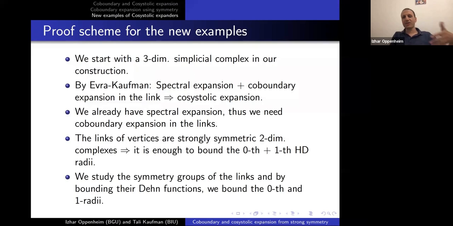This is done because we know intimately the symmetry groups of the vertices, so we are able to study them and bound their Dehn function, and then deduce the bound on the radii. The bound on the radii gives you local coboundary expansion, and that gives you global cosystolic expansion.